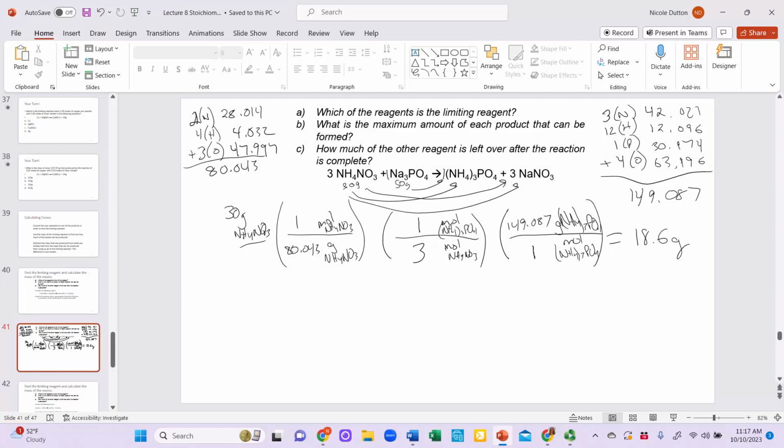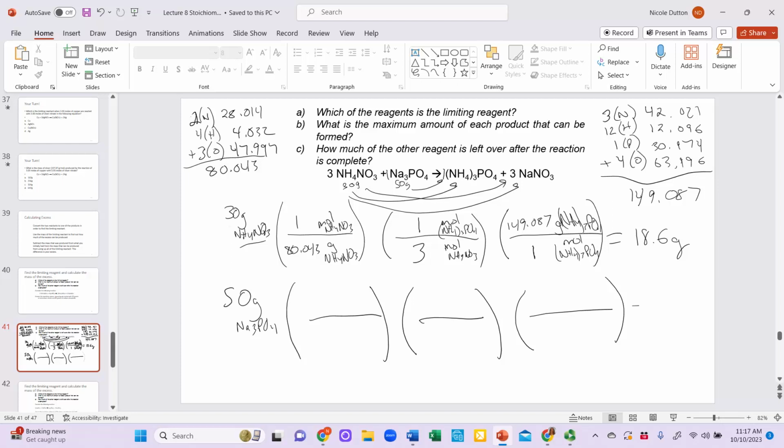Now we have to do the same thing with the other one. So we have 50 grams of Na3PO4 and we're going to do our 3 parentheses again. So we have grams of Na3PO4 to moles of Na3PO4.